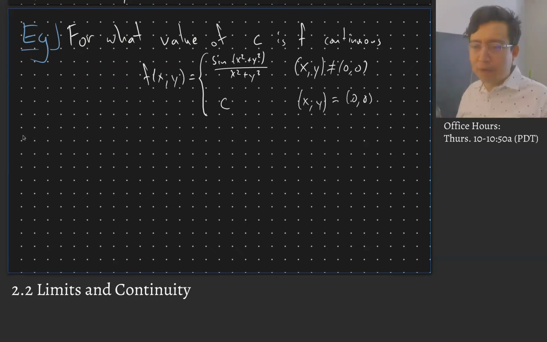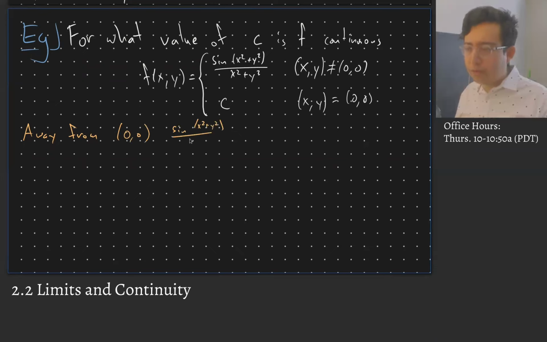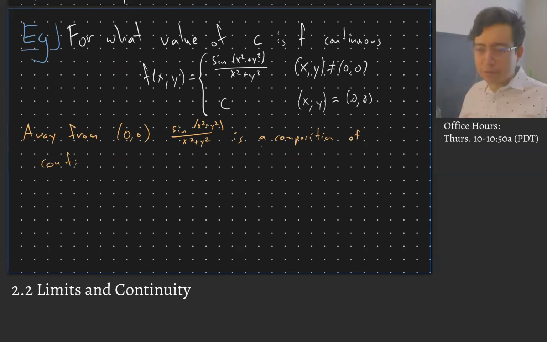Basically, away from 0, 0, sine of x squared plus y squared over x squared plus y squared is a composition of continuous functions, right?